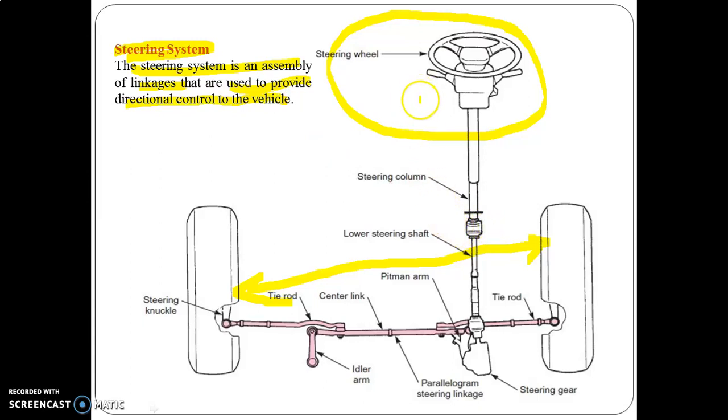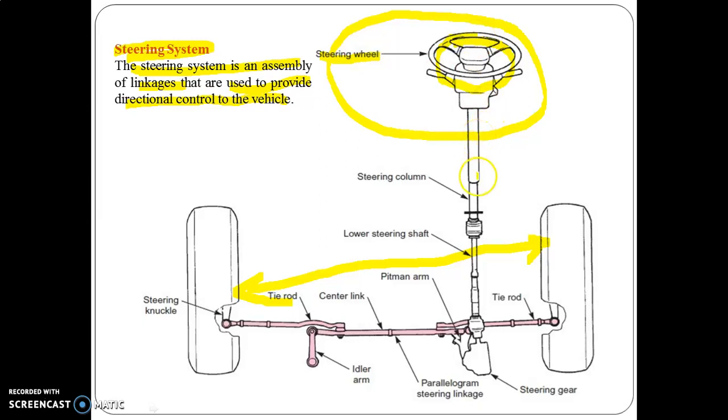Steering system includes some important units, as it is represented in the diagram. First unit that is important is steering wheel, which is controlled by the driver.